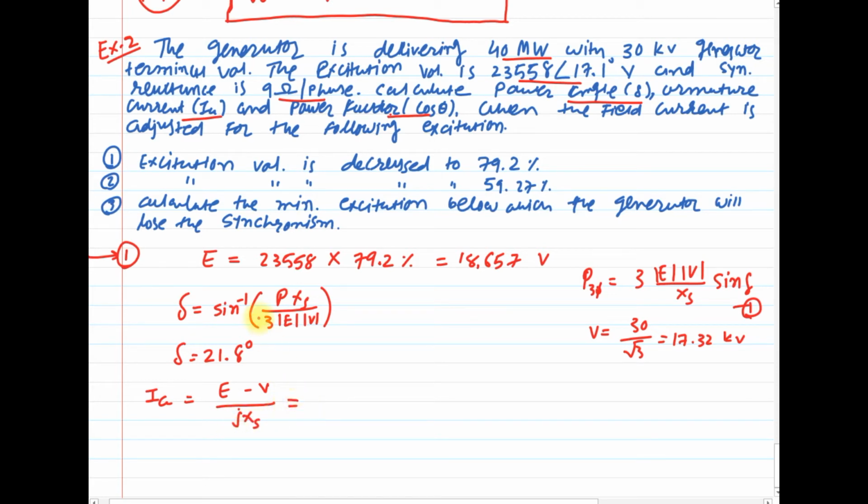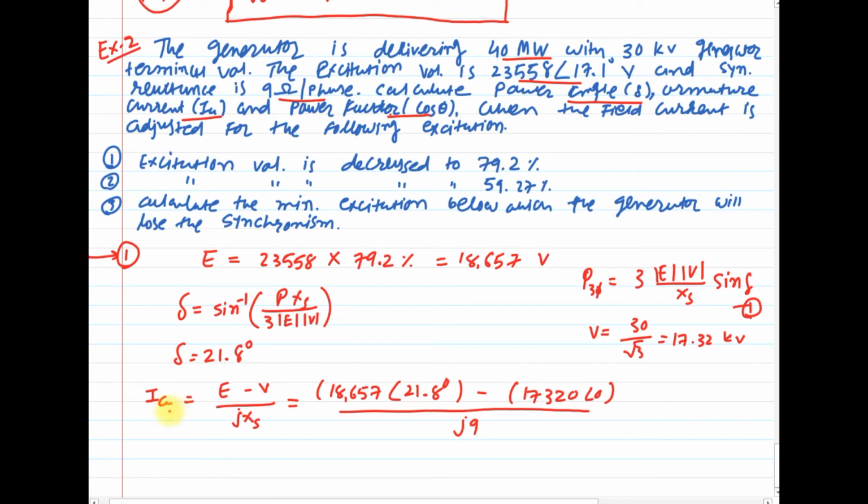If you substitute all the values, in this first case I will write all the values so you can get the idea. 18657 with the angle of 21.8 degree, clear, minus 17320 with the angle of 0 degree, divided by j9.